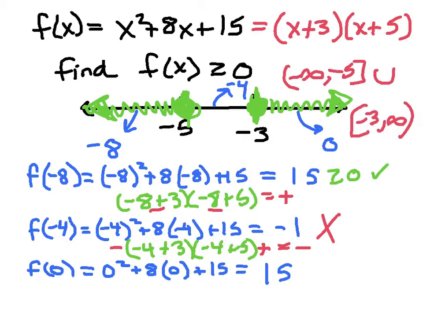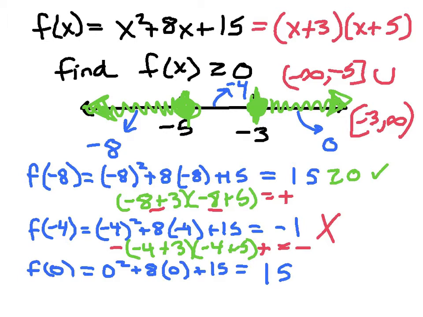This, in interval notation, would be the solution to my inequality. When is my function greater than or equal to 0? It is greater than or equal to 0 with these values, from negative infinity to negative 5, including negative 5, and then from negative 3 to positive infinity.